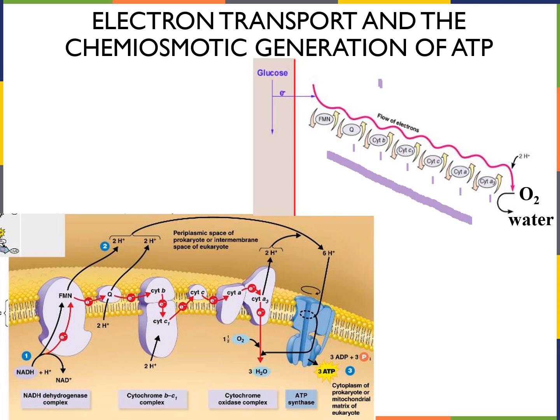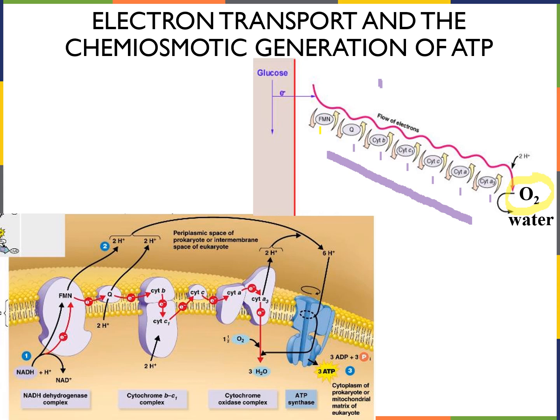Now the first one up here, FMN, is not a protein. It's actually a metal. But all the others, Q and all of the cytochromes, are proteins. Now look at something at the very end. You see oxygen. That oxygen has a very important name.